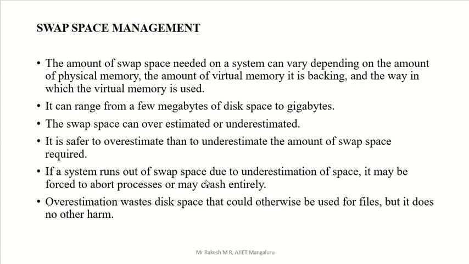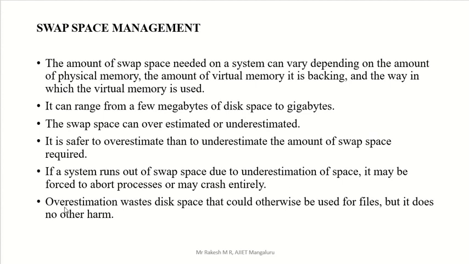Why? Because you don't have that much swap space, so the system runs out of swap space. We have more data and less swapping space, so we can't swap all the data. Then we may lose a lot of data, or there may be a chance of crash of the data or this process entirely. So don't go for underestimation.